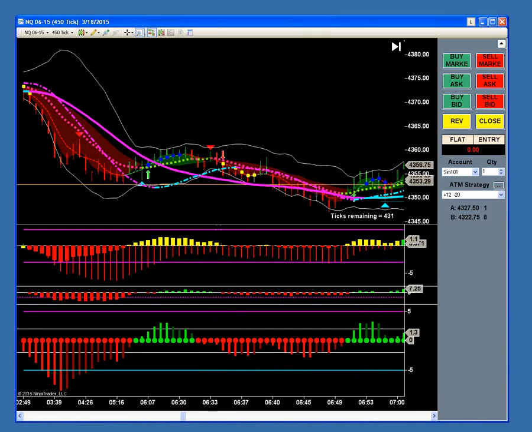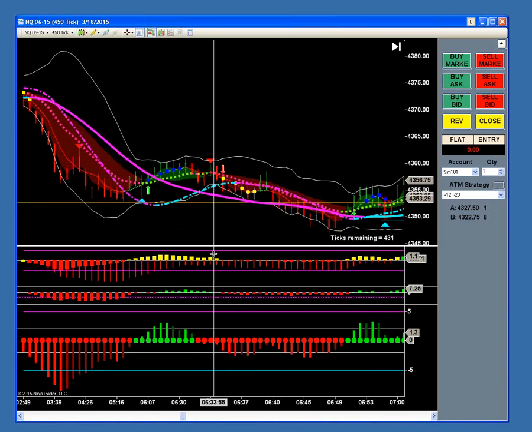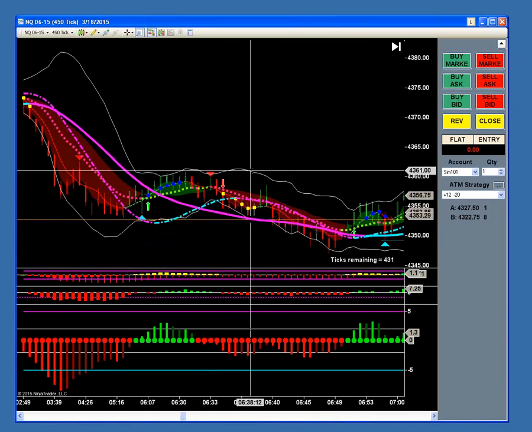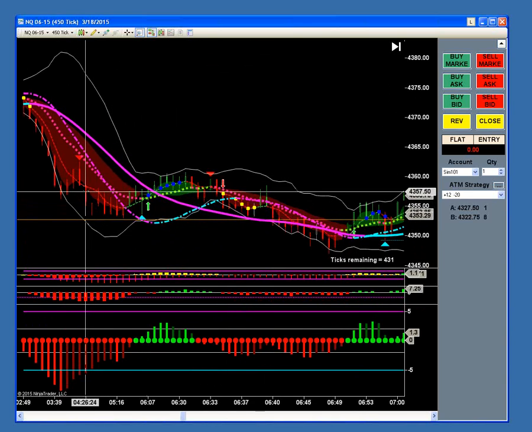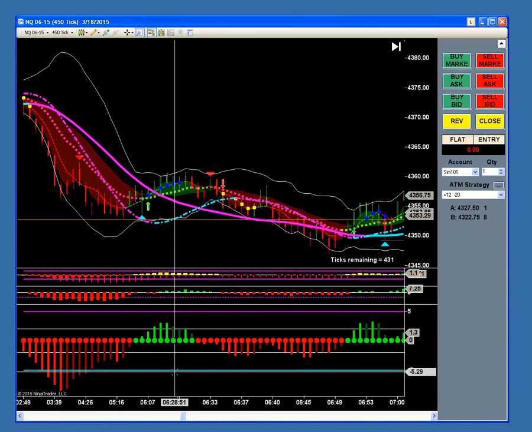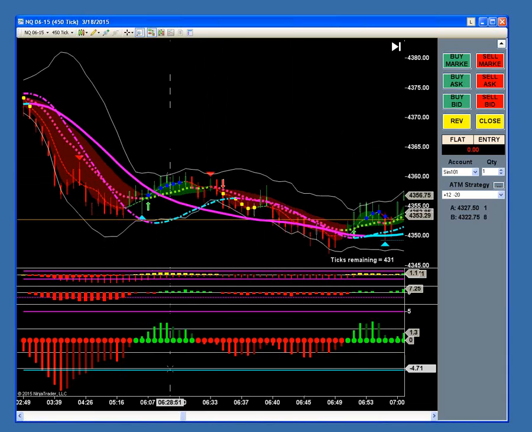Okay, what I'm going to do now is I'm going to shrink the other indicators down so we don't pay attention to those. All I want you to do, excuse me, is focus on this indicator here, which is my Hyper Scalp indicator.